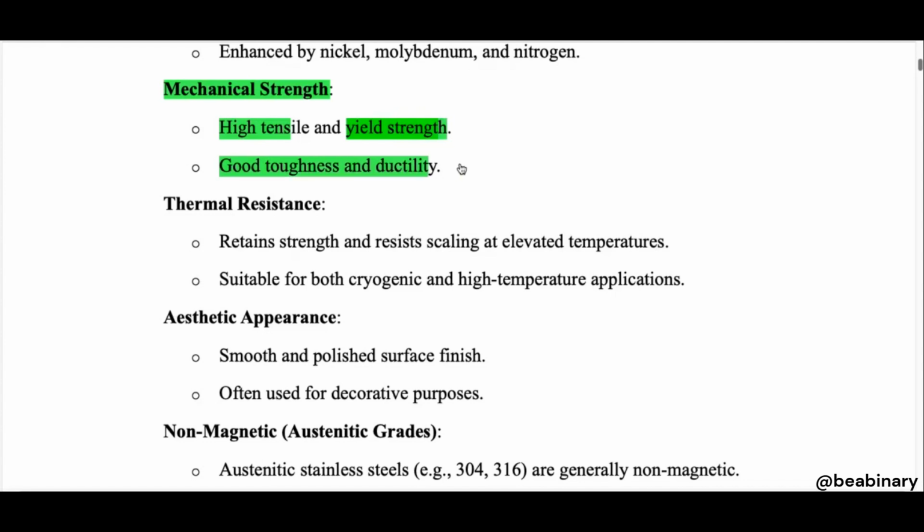Ductility means how much you can stretch. And obviously, any material which has higher tensile strength has high ductility. Okay, so they basically have a linear relation.